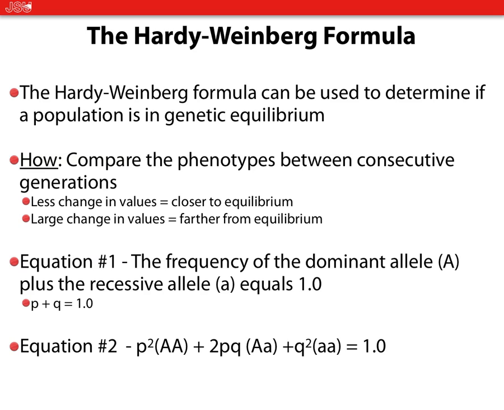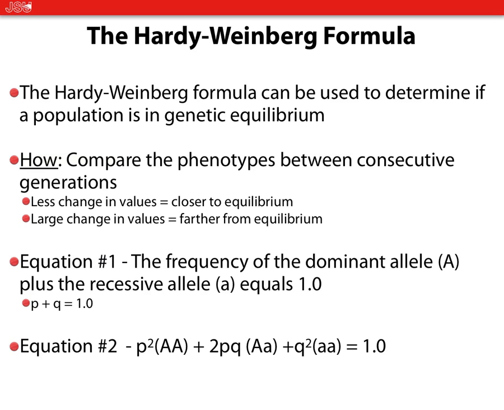Okay, so Hardy-Weinberg would say what? If we have, in a population, 30% with the A allele and 70% with the little a allele. Good so far?